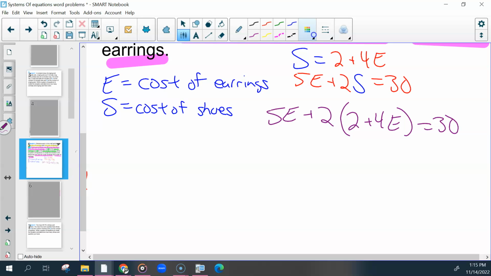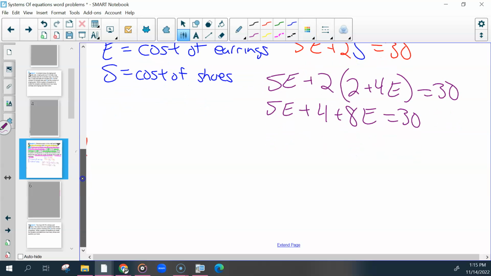And then shut this one off. Combine your like terms and subtract the 4 to the other side, which I did at the same time. What would e equal?